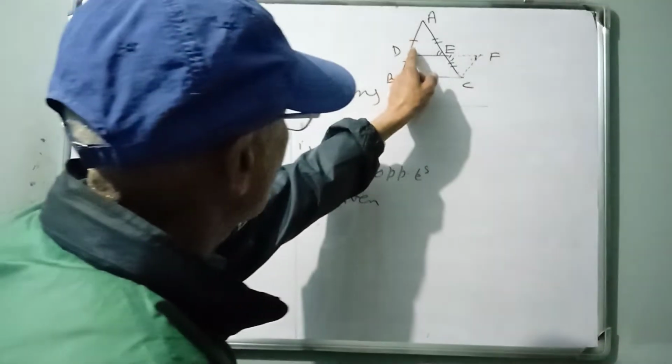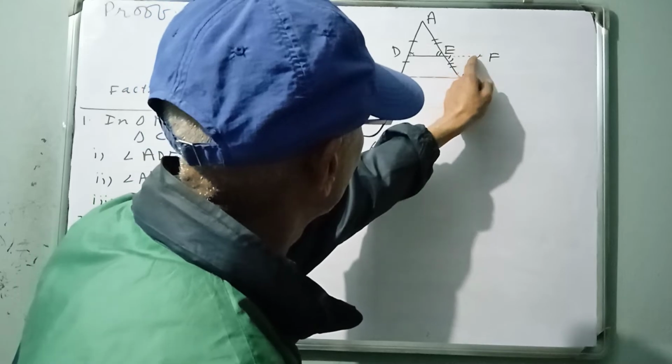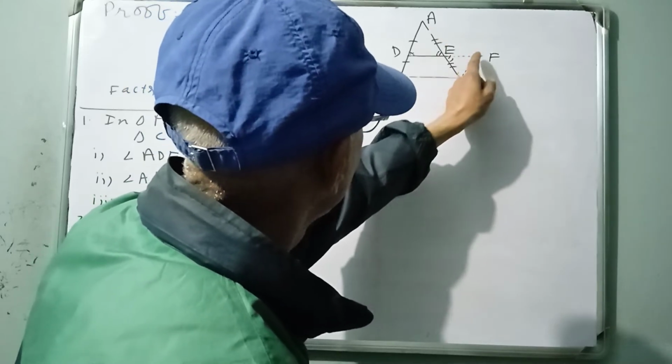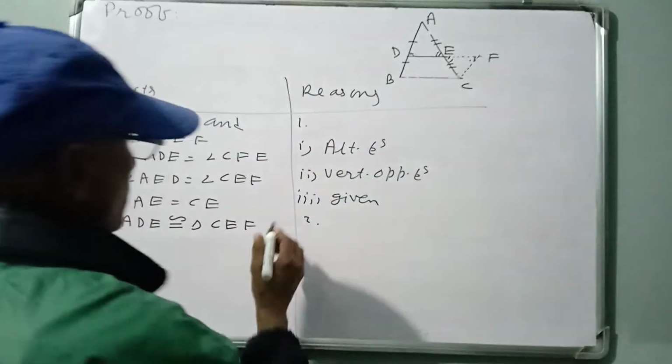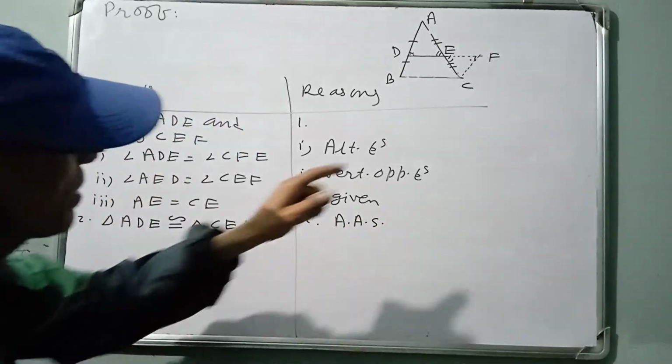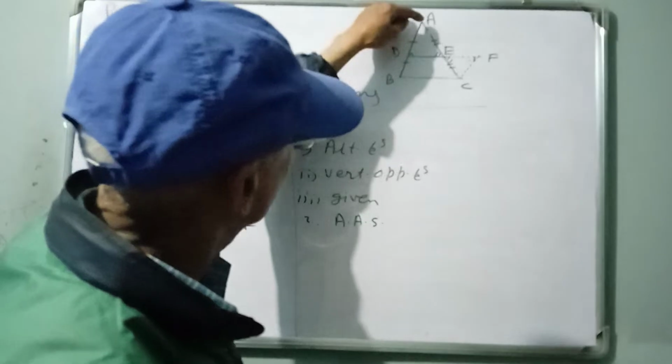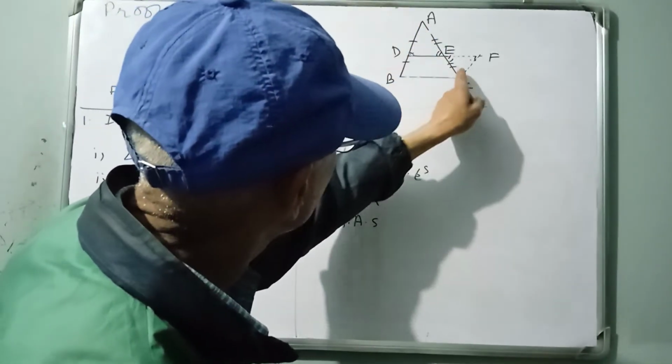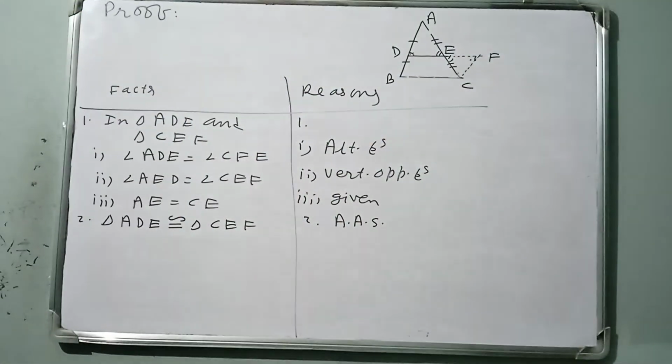Fact what? Angle side angle side fact. Or you can write angle side angle also. This angle equal this angle, A equals C पनि देखाउन मिल्छ. Angle side angle. Both alternate angles.